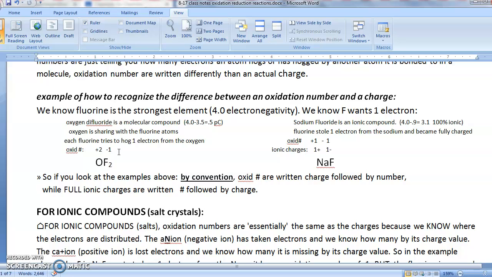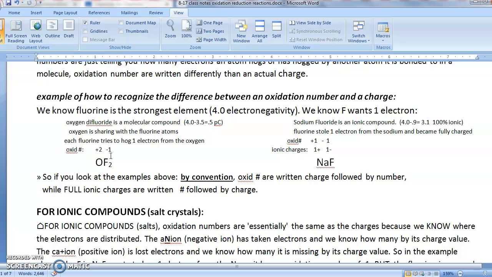So by convention, and we mentioned this earlier this year, when the electrons are not actually transferred, fluorine here has not pulled the electrons off. When we're just indicating how many electrons it would like to remove, but it doesn't have them yet, they write the charge followed by the number. So it's -1.